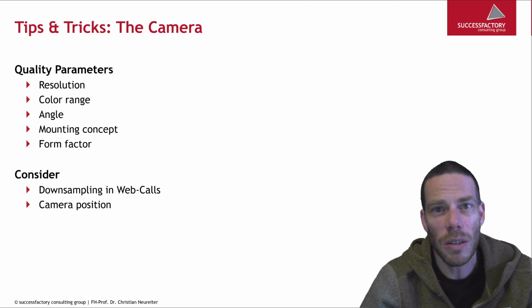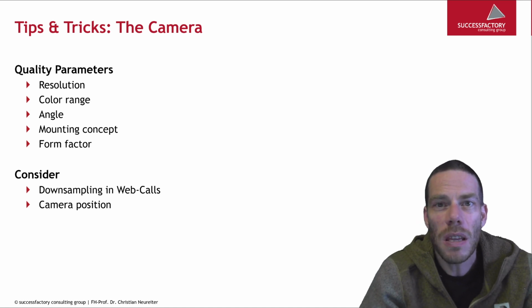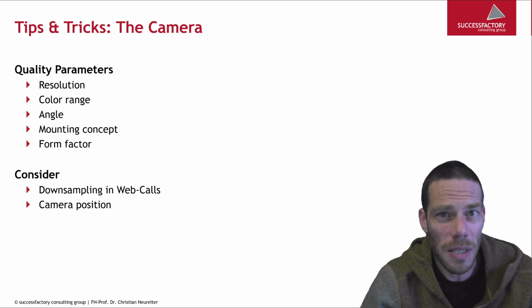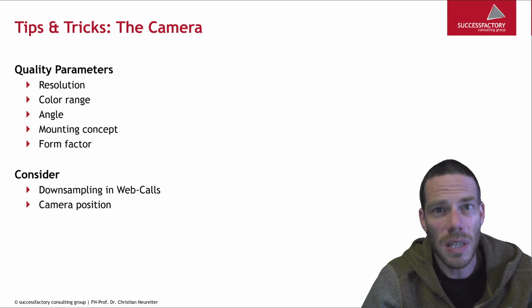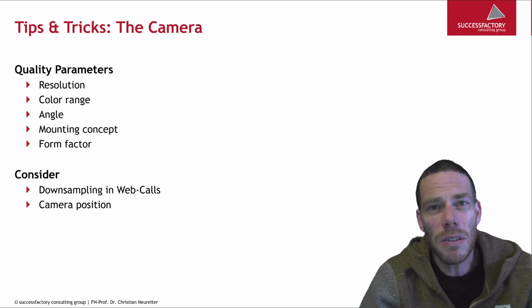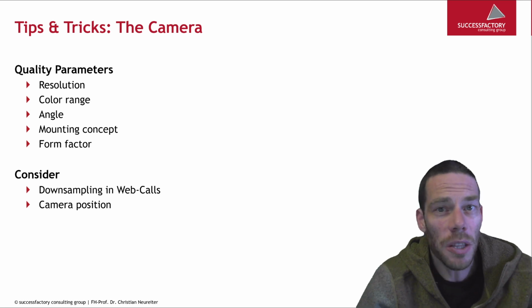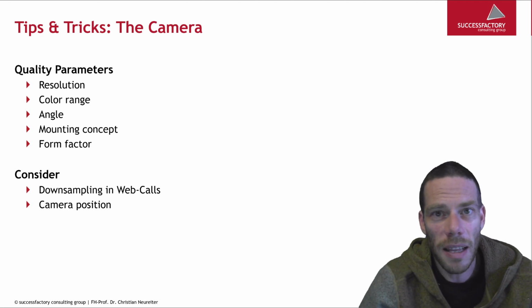You have to know that all these fancy video call tools like MS Teams and Zoom make a certain level of downsampling, which means they are reducing the image size and resolution anyways. So no matter how good the picture is in the beginning, after the downsampling it will get a little bit worse than the original. So I think these criteria, at least for me, are not that important when I'm selecting the camera for my trainings.